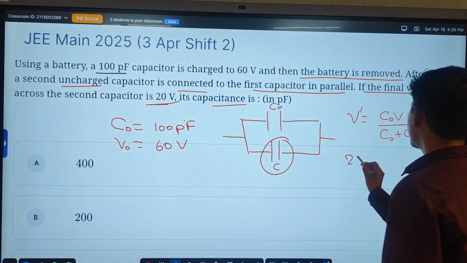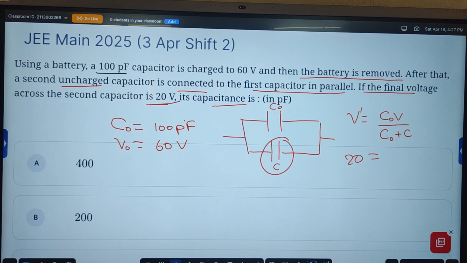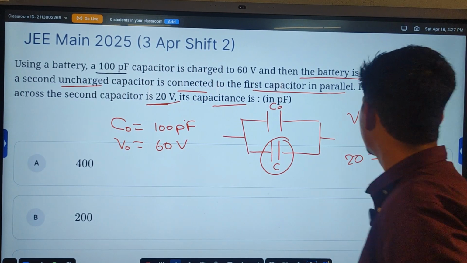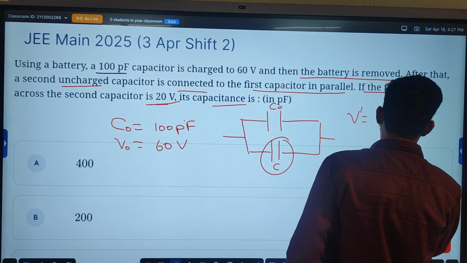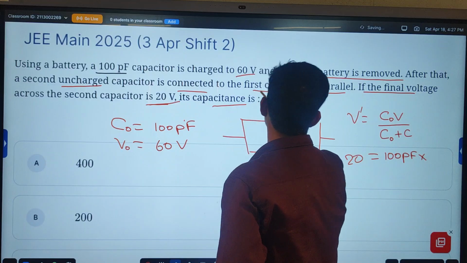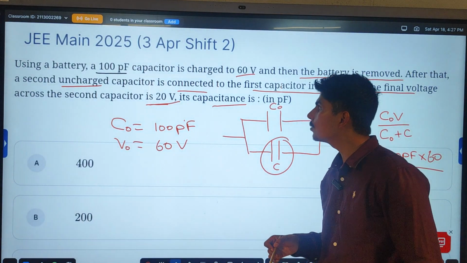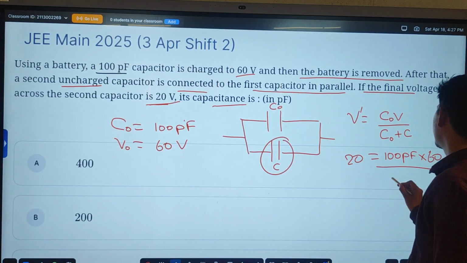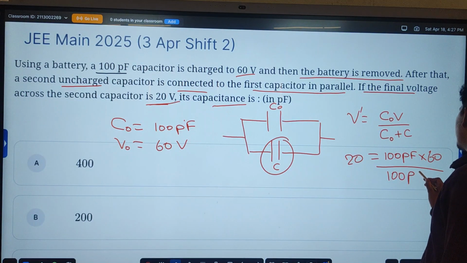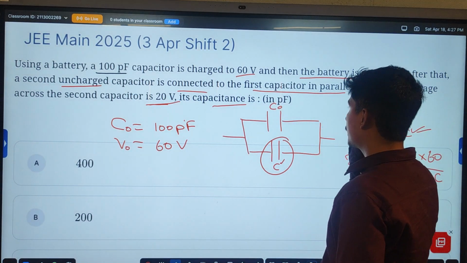So 20 is equal to C naught, which is given as 100 picofarad, into the original voltage, which is 60 volt, divided by C naught plus C. And we have to calculate this C.